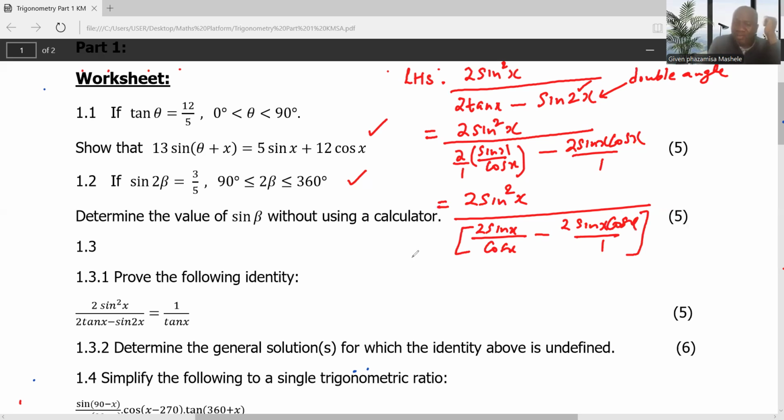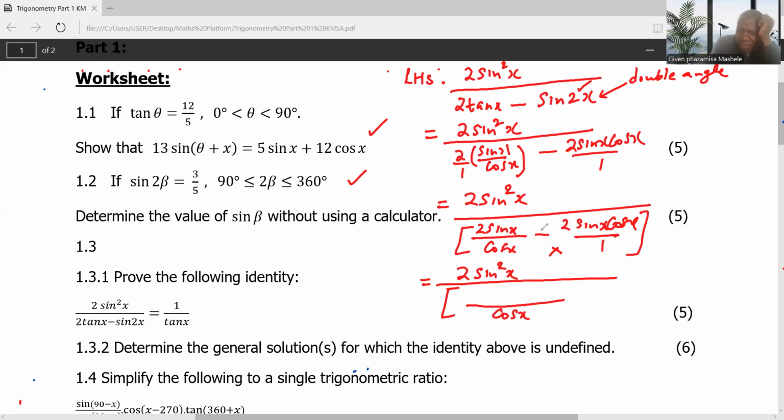Let's now simplify fractions. How do you simplify a fraction? You multiply the denominators together, cos x times 1 is cos x.